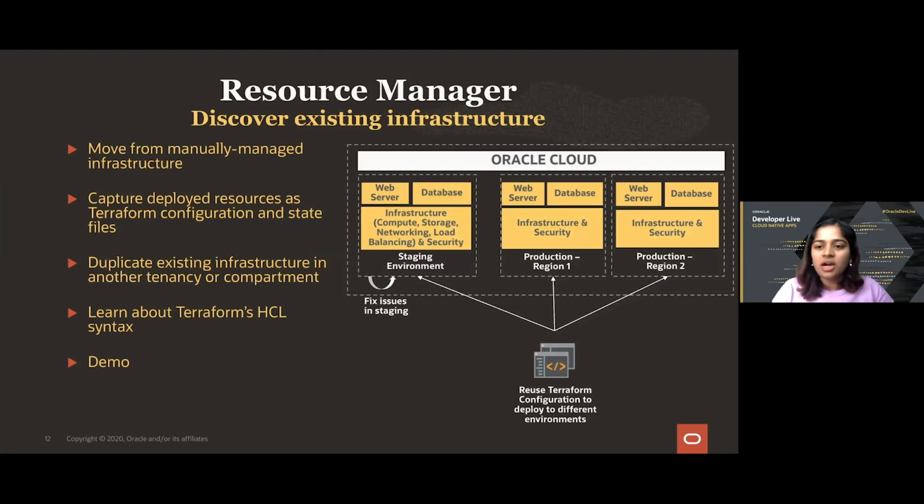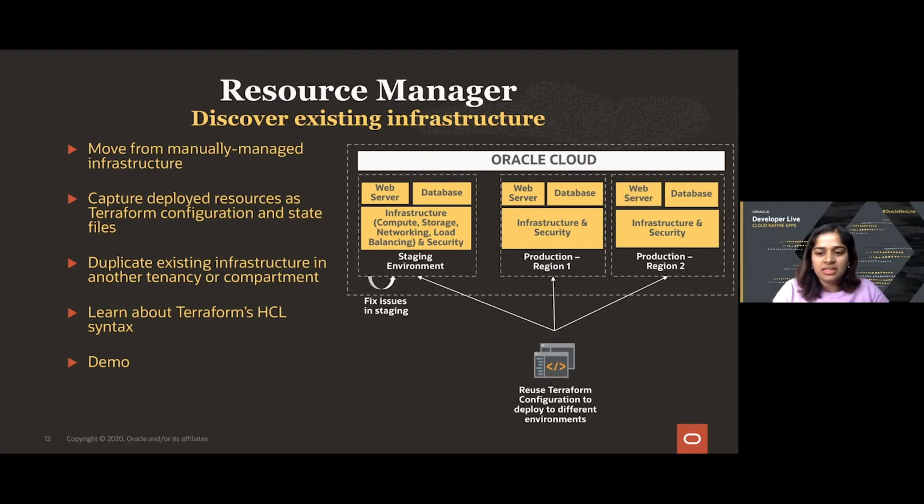Now that we have seen how to create an entire infrastructure from the ground up, let's say you already have your infrastructure created and it is currently manually managed. How could you move to Resource Manager service? Resource Manager provides a feature called Resource Discovery, which enables you to create a stack from an existing compartment. By creating a stack, you'll be able to capture all the deployed resources in that compartment as Terraform configuration and state files.